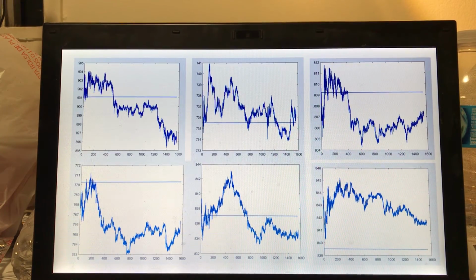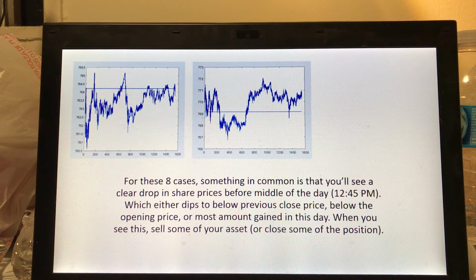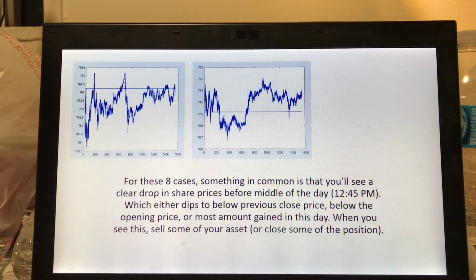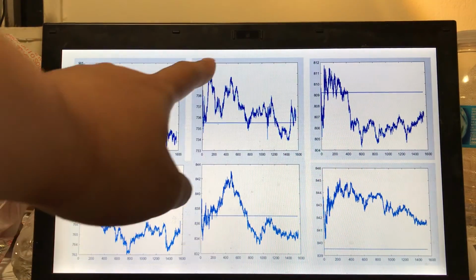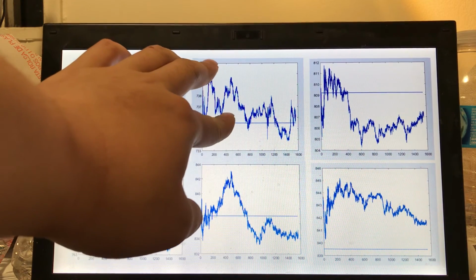You would expect to see that the share prices have already dropped by the middle of the day, say 12:30 or 12:45 p.m., where it either dips below the previous closing price or below the current day's opening price, or the most amount gained in the day. For example, for these cases, it has dipped below the most amount gained in the day.